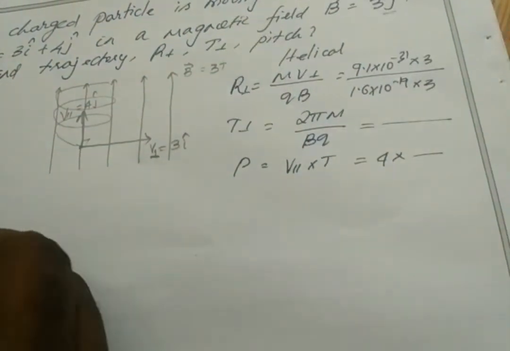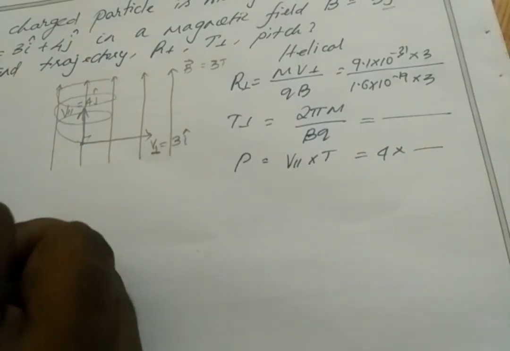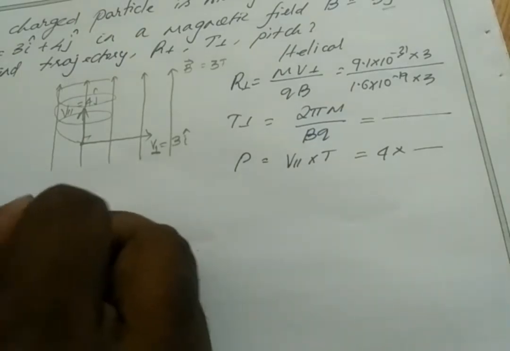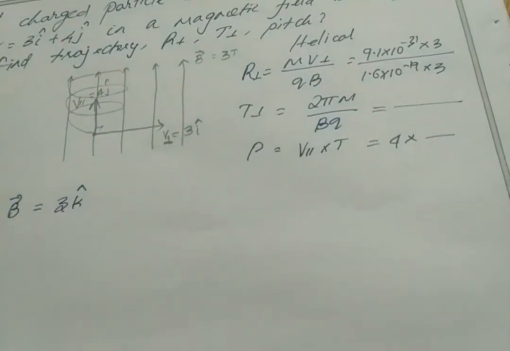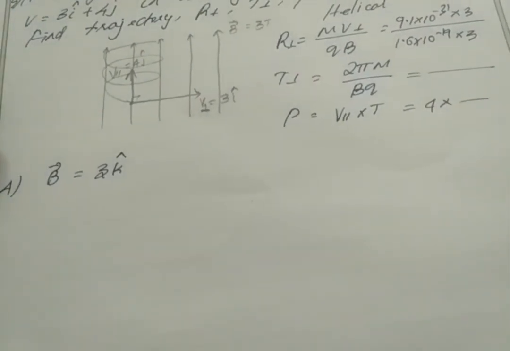Then the last problem. In the above problem, the magnetic field is 3k, and the rest of the values are the same. So 3k means my magnetic field is along the Z axis.